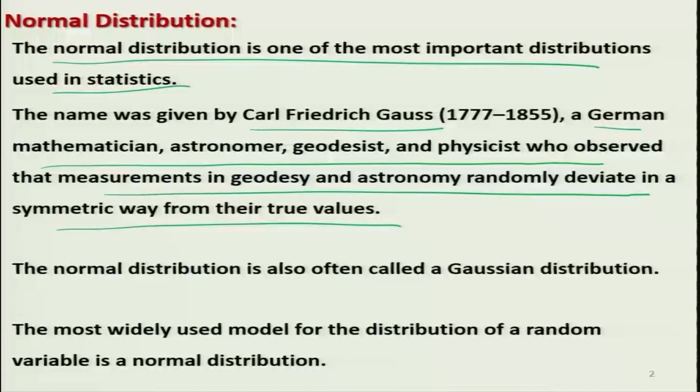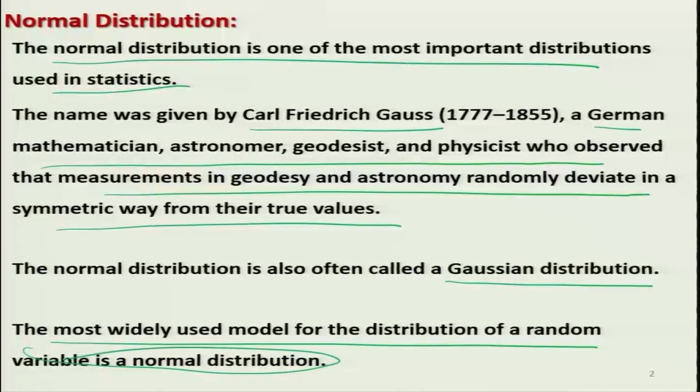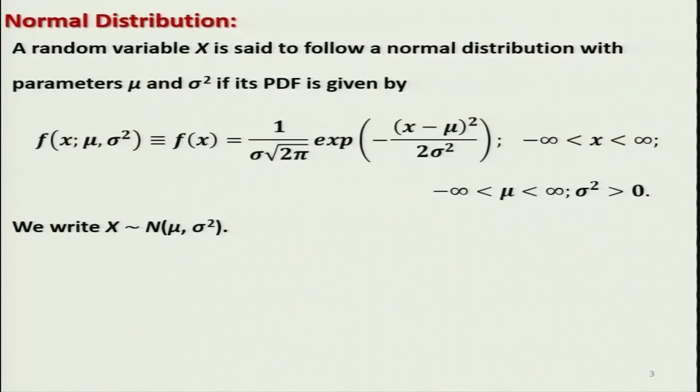So, that is why this normal distribution is also often called Gaussian distribution. And the most widely used model for the distribution of a random variable is possibly the normal distribution. You will see in the forthcoming lecture why it is so popular, because anything which has more utility becomes more popular.